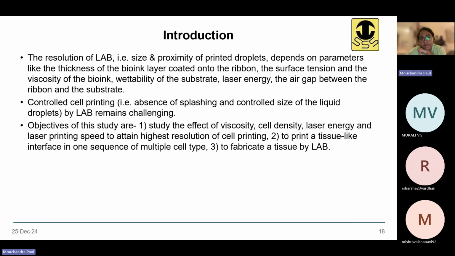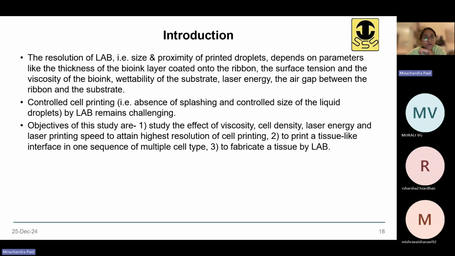So, a brief introduction. The resolution of the technique, that is how small and how close the droplets are going to be on the substrate, is basically what defines the resolution of this technique. It depends on various parameters like the thickness of the bioink layer that you coat onto the ribbon, the surface tension and the viscosity of the bioink, the wettability of the substrate, the laser energy, and the air gap between the ribbon and the substrate.